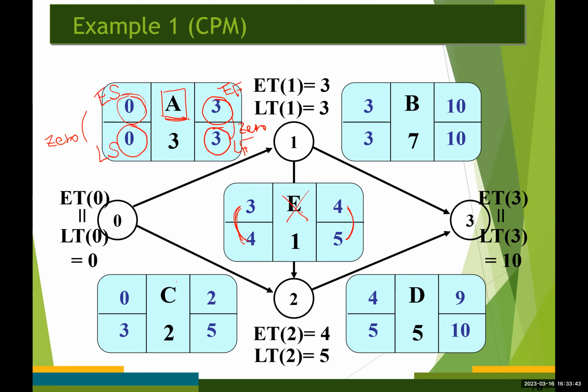For the same reason, activities C and D cannot be critical activities. But for activity B, there is no difference, a zero-value difference, which means in our case both activities A and B are the critical activities.